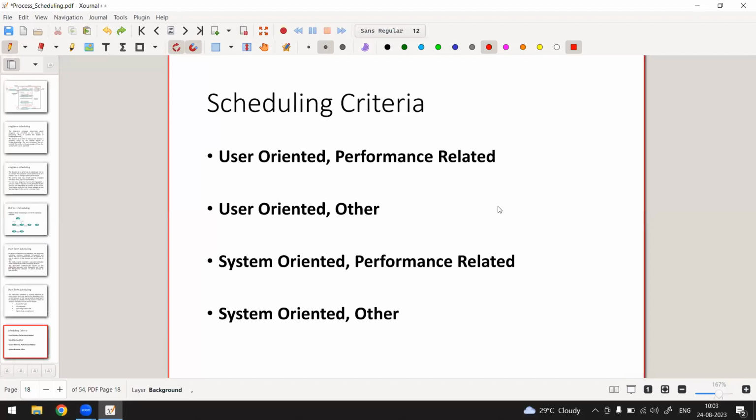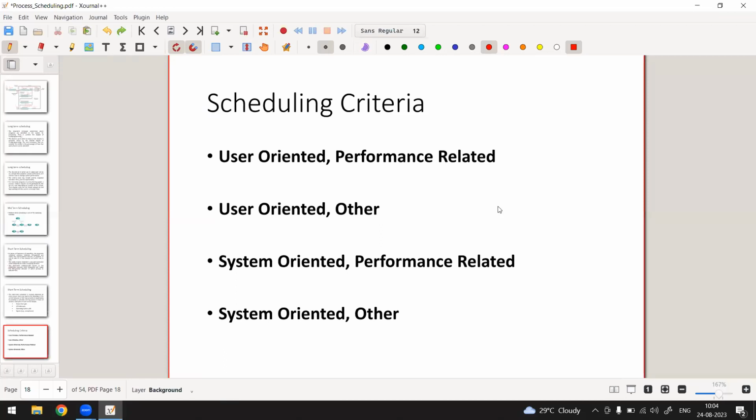Basically the criteria are either user oriented or system oriented, and between these, again you have two more subtypes, that is performance related and others, right?